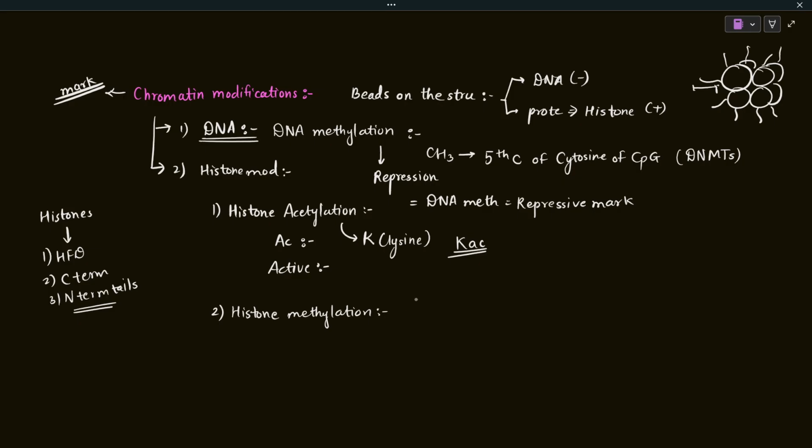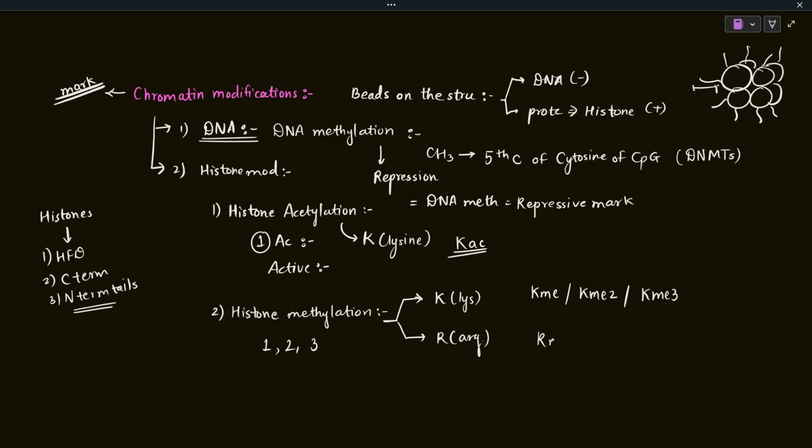So histone methylation. Just the way histone acetylation is done on lysine, histone methylation can be done on two amino acid residues, lysine as well as arginine. Again, you can add only one acetyl group in histone acetylation, but histone methylation can be monomethylation, dimethylation, or trimethylation, meaning you can add one methyl group, two methyl groups, or three methyl groups, and it is written in this way.